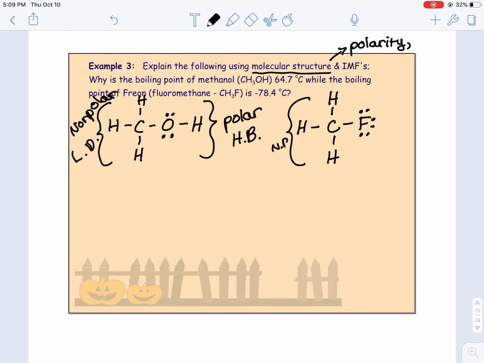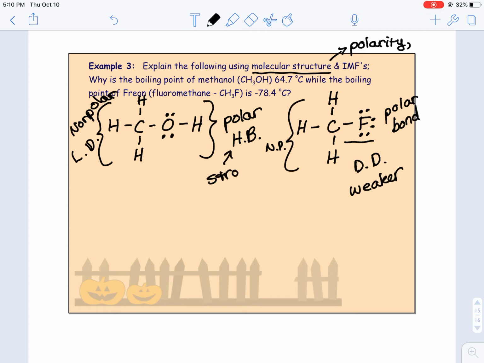Then fluoromethane is slightly polar, because it's got this CF bond on the one side, which is a polar bond, but this other side over here is nonpolar. So this would exhibit dipole-dipole forces, which are weaker than hydrogen bonding.